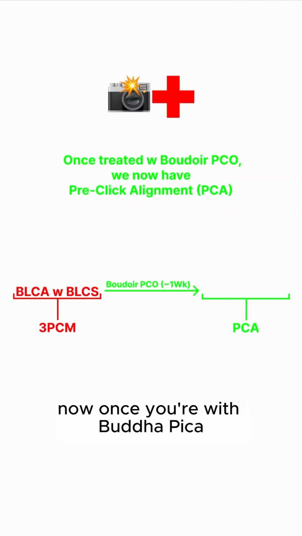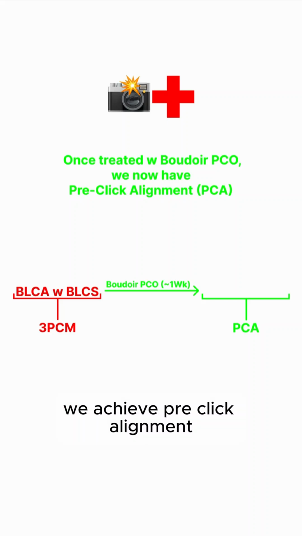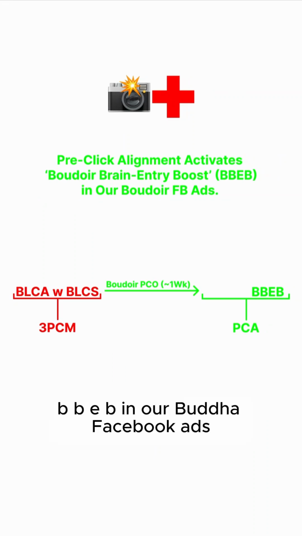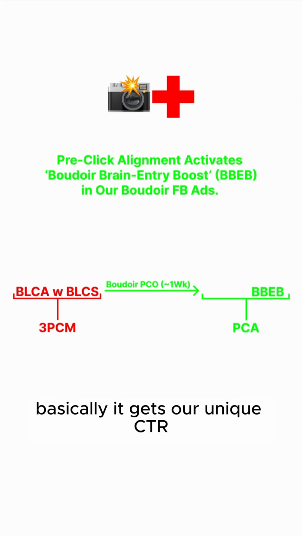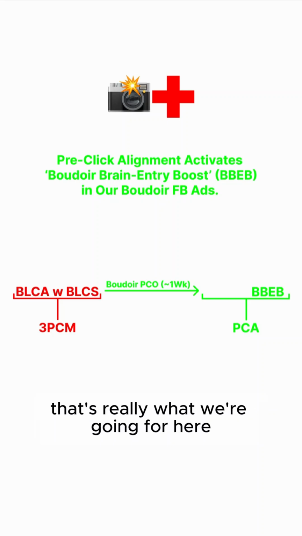Now, once treated with Boudoir Pico, we now have pre-click alignment, so we got rid of the 3 pre-click mistakes. We achieve pre-click alignment, and pre-click alignment activates Boudoir Brain Entry Boost, BBEB, in our Boudoir Facebook ads. Basically, our unique CTR is now above 6%. That's really what we're going for here.